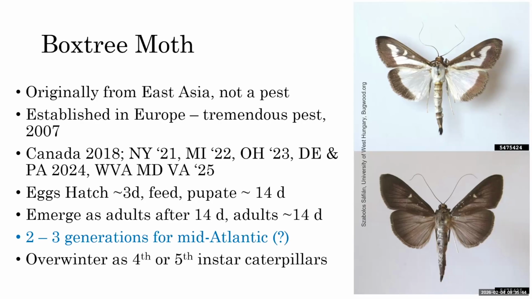They overwinter in some studies as 4th or 5th instars. What I've mostly seen in Europe is that they're saying 3rd to 4th, and usually 3rd, but they can be in the 4th. There have been different ways that they've tried to ascertain what stage the caterpillars are in the field, comparing that to lab-reared insects.